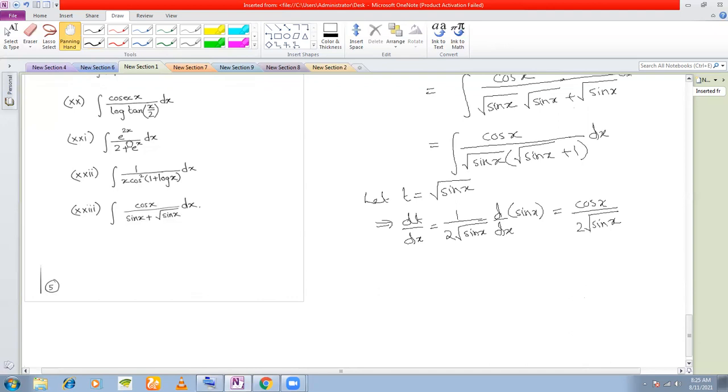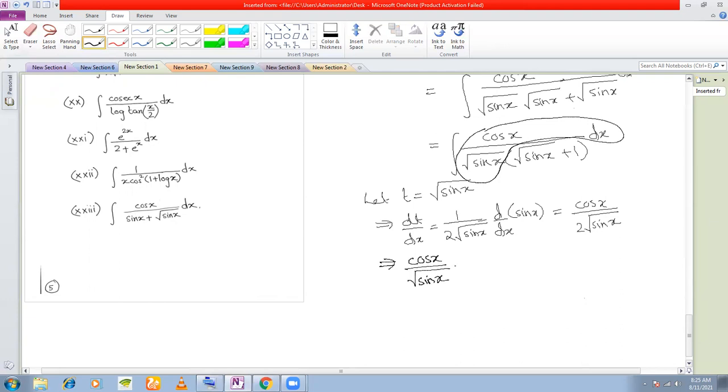So therefore, this part here, cos x by root sin x into dx. That means cos x by root sin x is equal to twice dt dx, right?